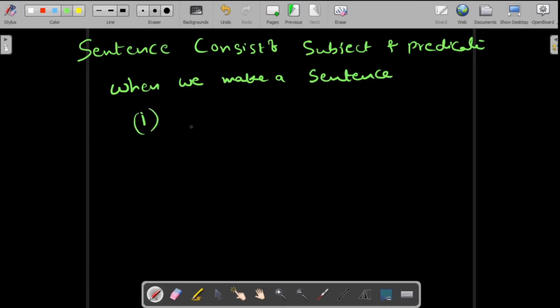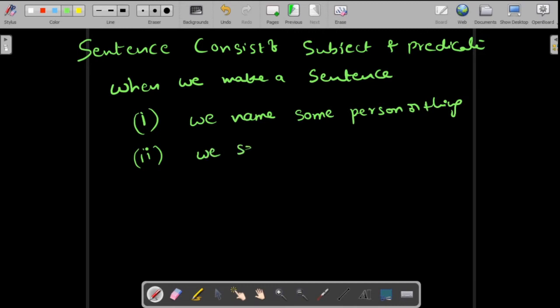We name some person or thing, right? And the second step we do while using a sentence is we say something about that person.